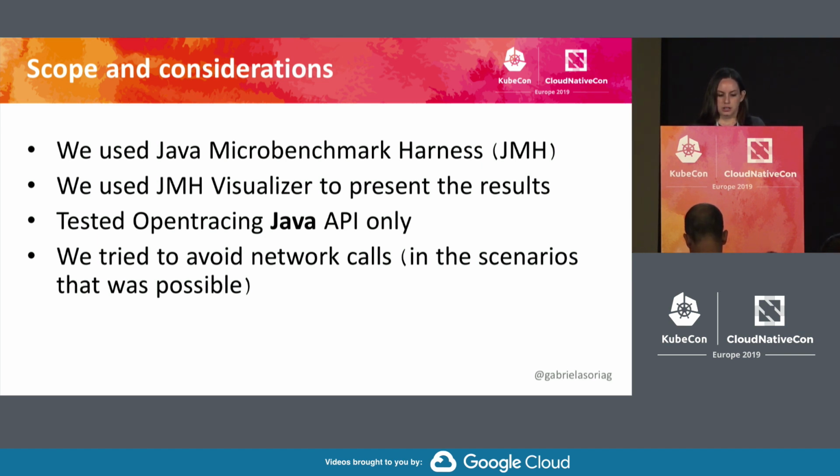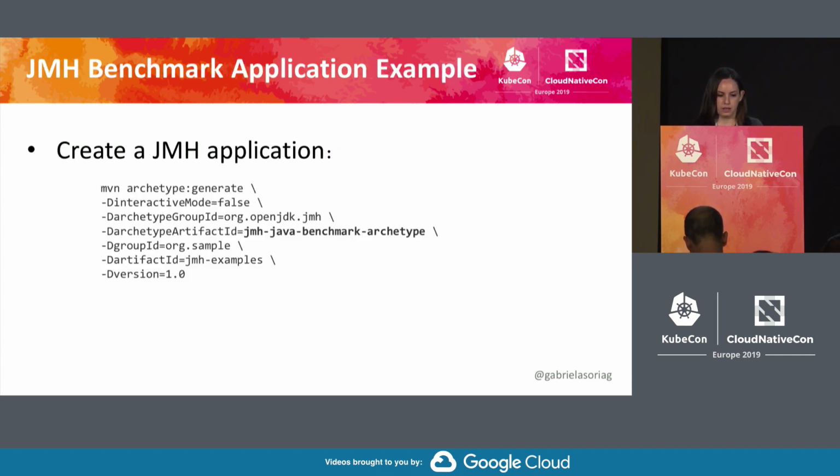And we have various benchmark tests, and for all that was possible, we tried to avoid network calls in order to have the deltas the most isolated possible. Here you can see the command to start a new JMH application.